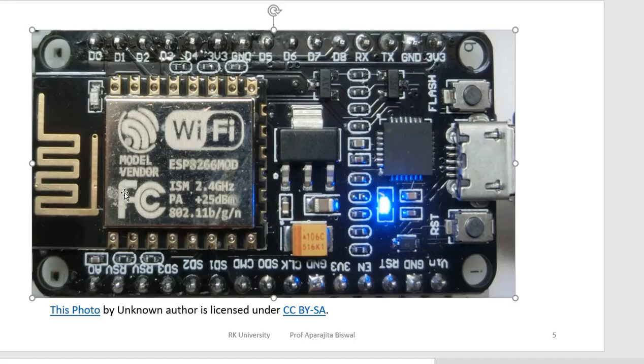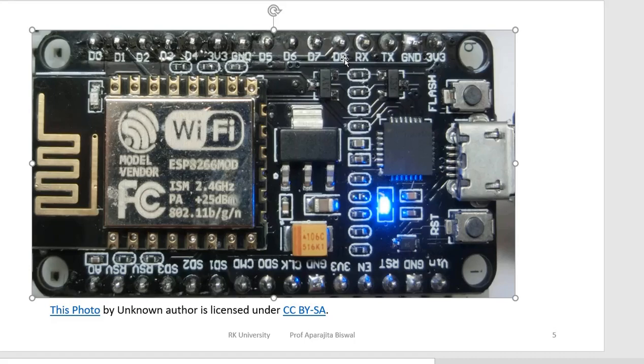Now see, there are digital pins or GPIO pins D0, D1, D2, D3, D4. Again 3 volt 3, ground, D5, D6, D7, D8. So these GPIO pins control actuators like LED or motor or any other actuators. There are 9 digital pins.